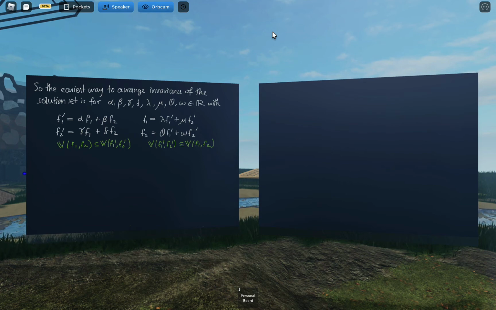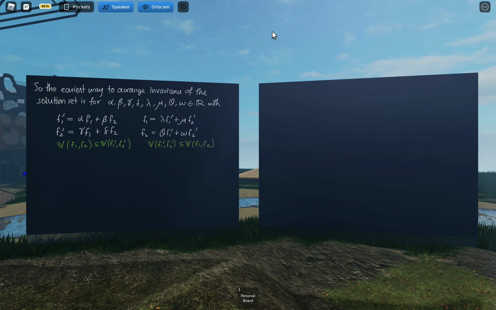So that's what I'm about to explain, but the upshot is that as soon as I write these down, there's a simple condition I can check, namely alpha delta minus beta gamma is not equal to 0. And as soon as that equation holds, I know that lambda, mu, theta, omega exist with this property, and I don't need to go and find them. I can if I want. And that gives me a simple check for each step in my algorithm.